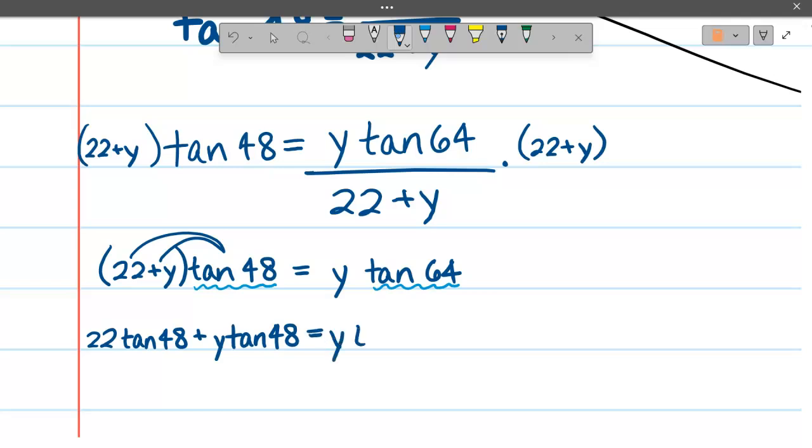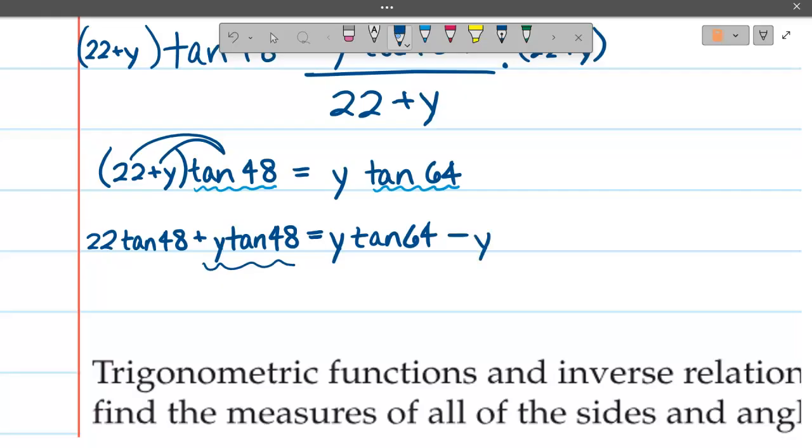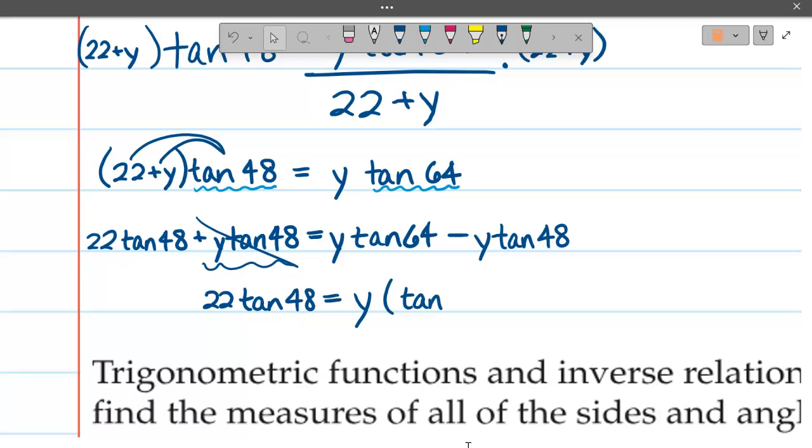equals y tangent 64. Now we need to gather our variables on one side. I'm going to take this term and move it to the right side by subtracting it. Subtracting y tangent 48. So now I have 22 tangent 48 equals this expression. I'm going to factor out the y because again we're trying to get y by itself.